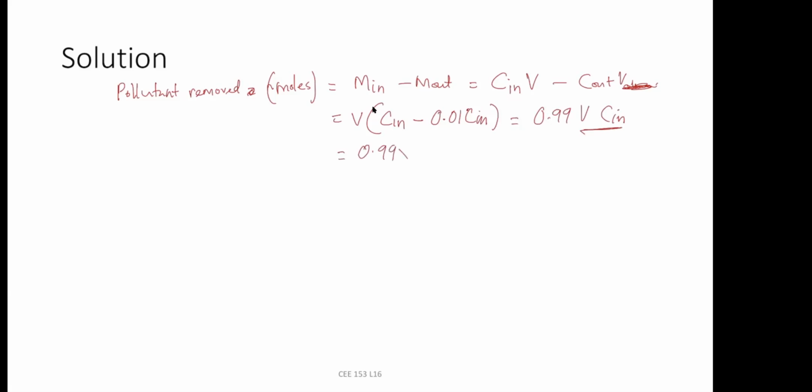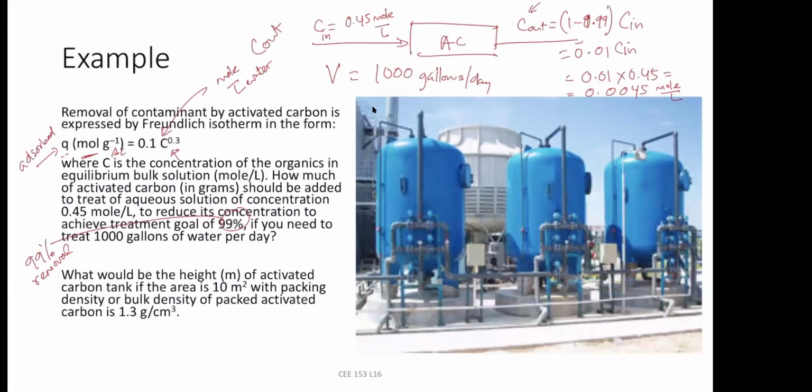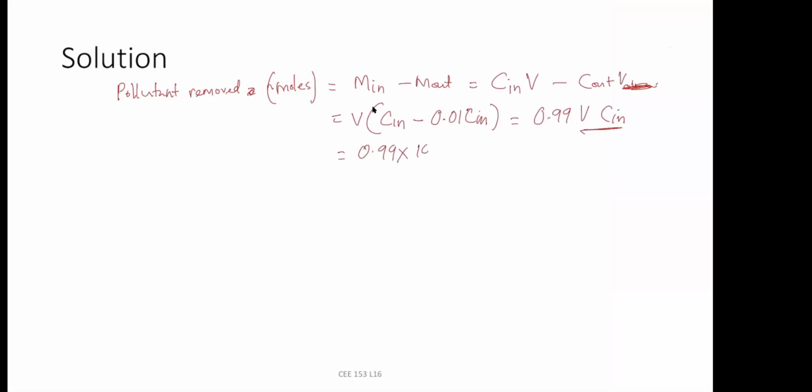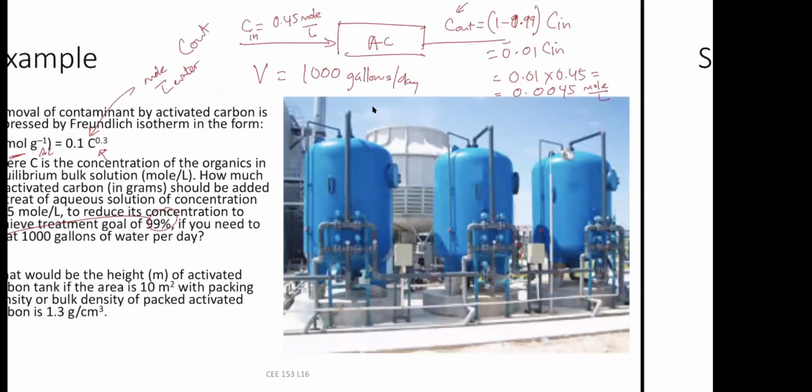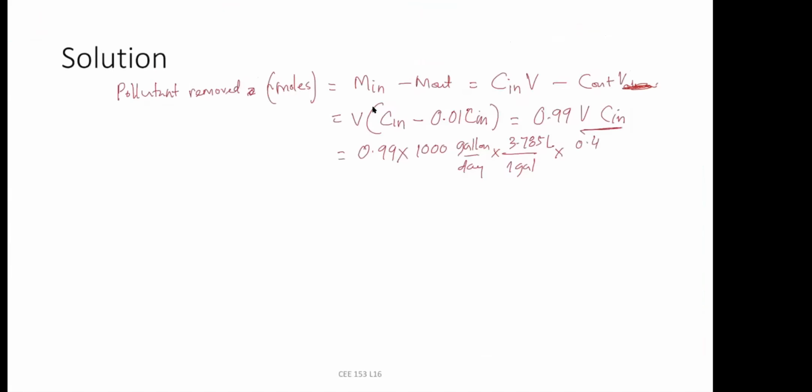So let's write this one: 0.99 removal times volume. Volume is 1,000 gallons per day. And you have to convert 1 gallon to liters, so 3.785 liters. And then concentration in, which is 0.45 moles per liter.